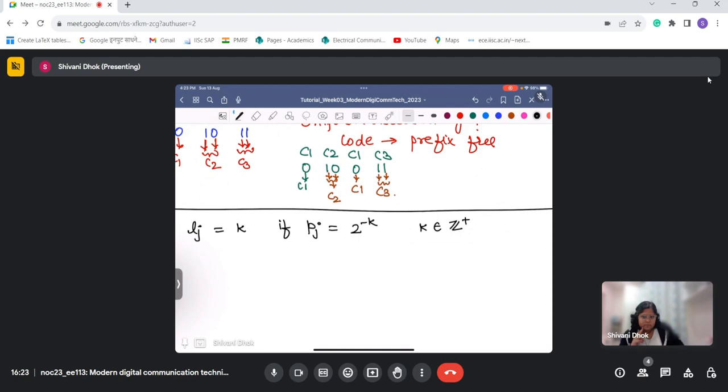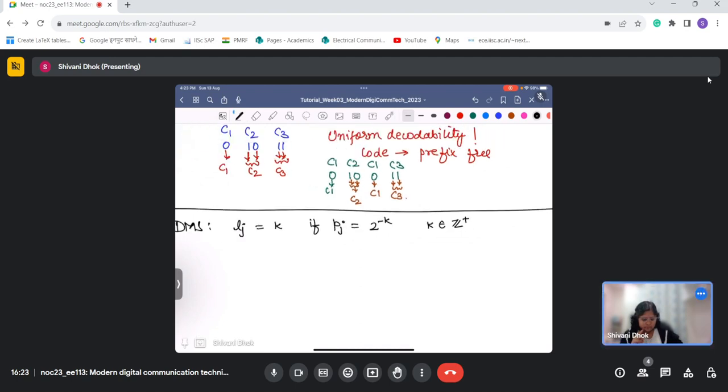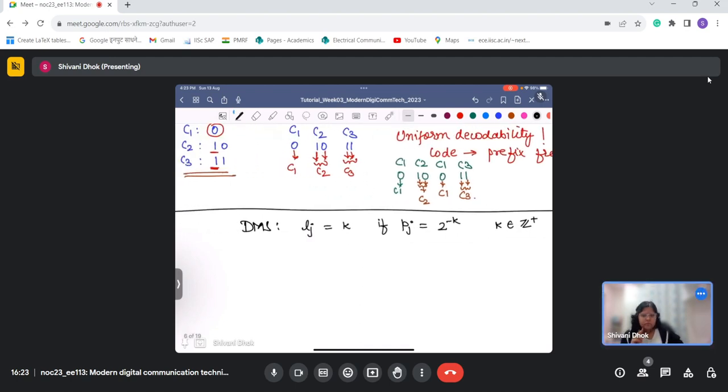What does it mean? How is the length equal to k?